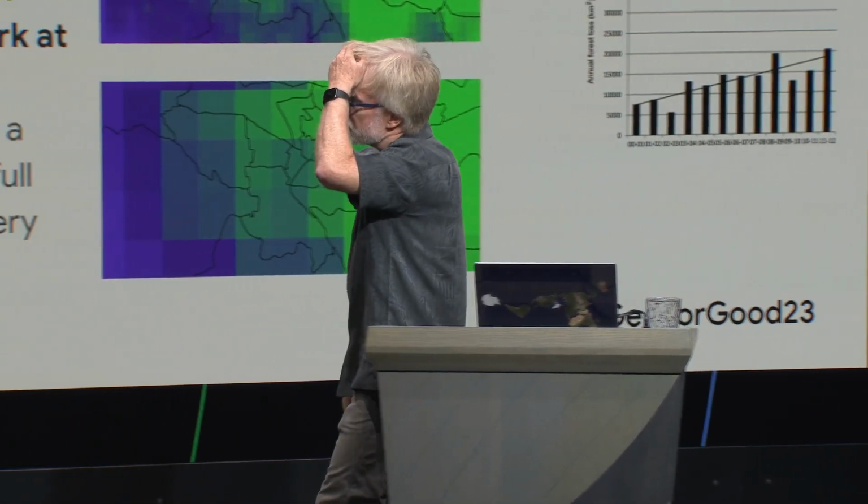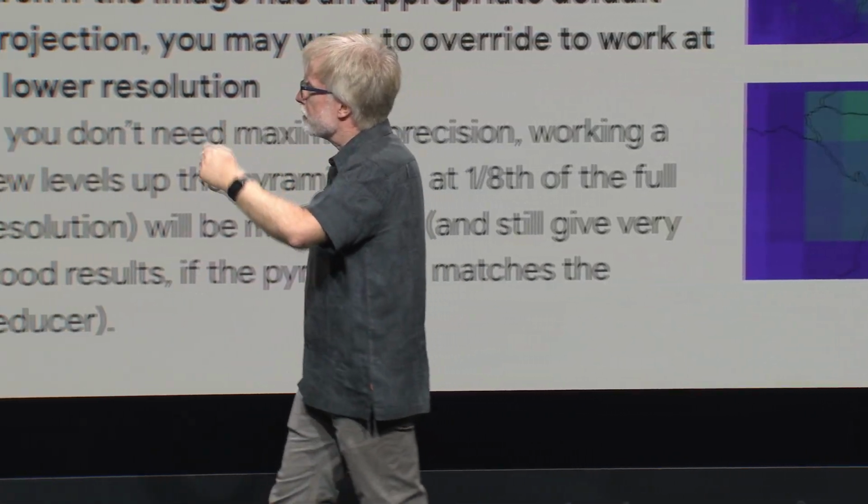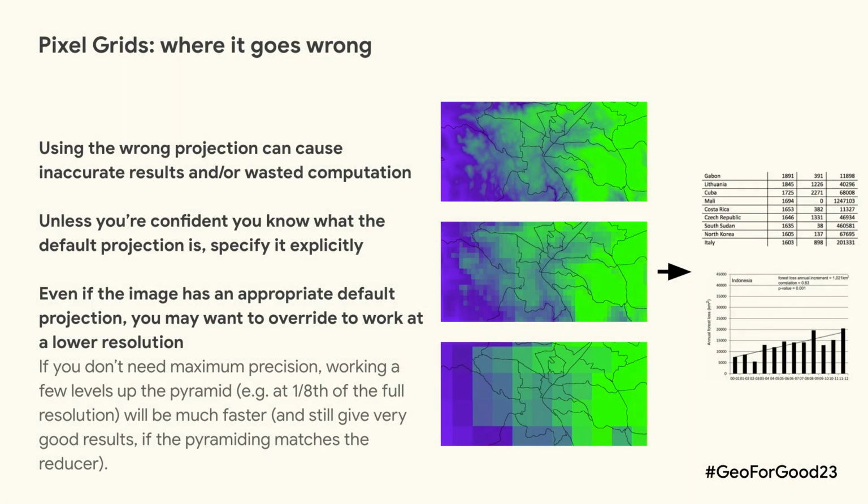Here's my effort to visualize that. I don't know how well this is going to show up, but the idea here is that I'm running reduceRegions over some image. I think it's actually an elevation image. reduceRegions is going to give me a table. But to get there, it has to first turn that image into pixels.